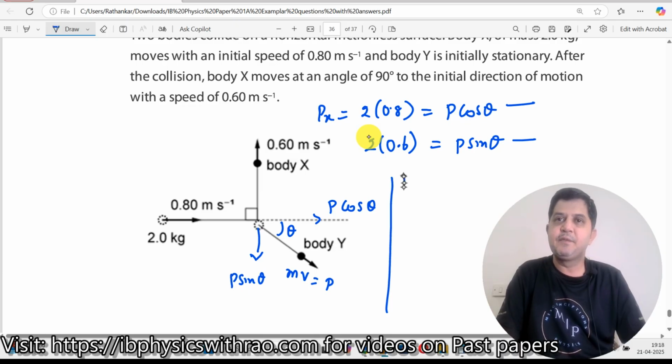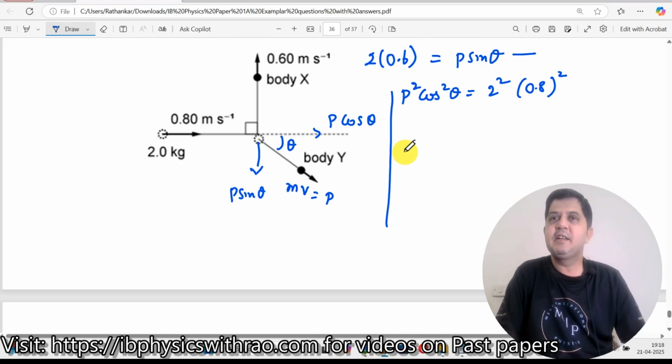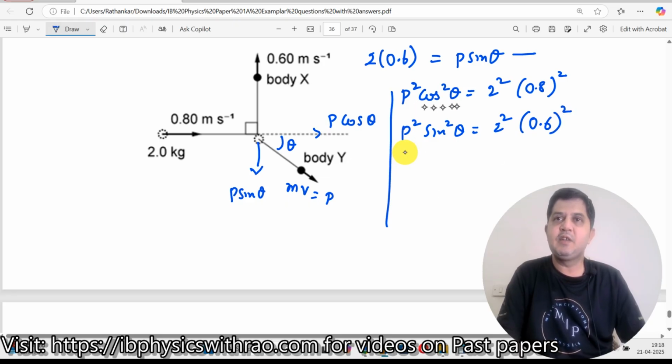Let us do this. I write p square cos squared theta is equal to 2 square into 0.8 the whole square. Similarly, p square sin squared theta is equal to 2 square into 0.6 square. Now let me add both of them.